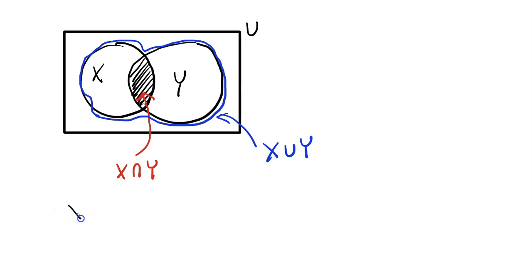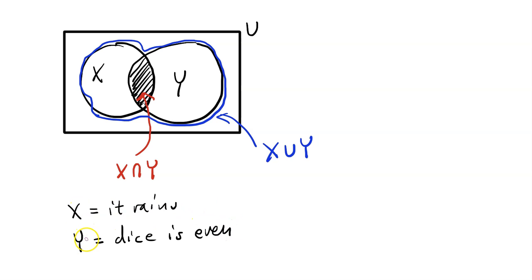So for example, let's take another example. Let's say x is that it rains. That's one event. And y is that the die is even.